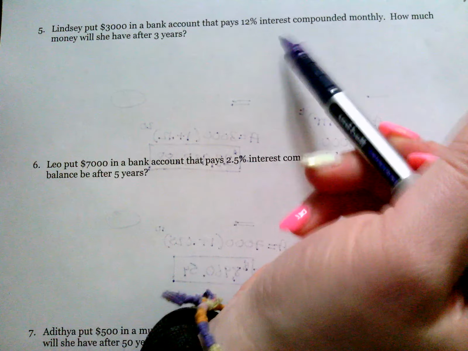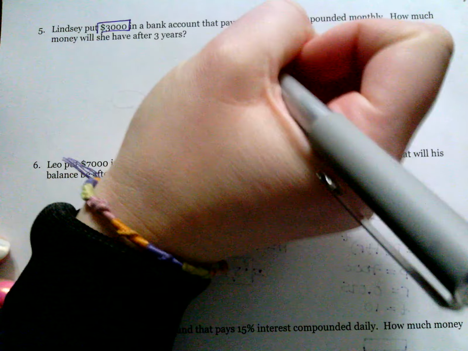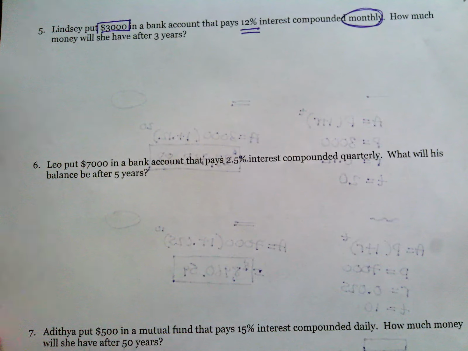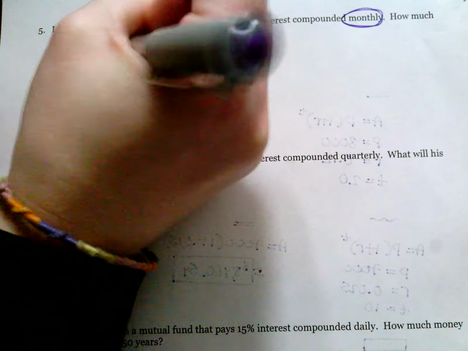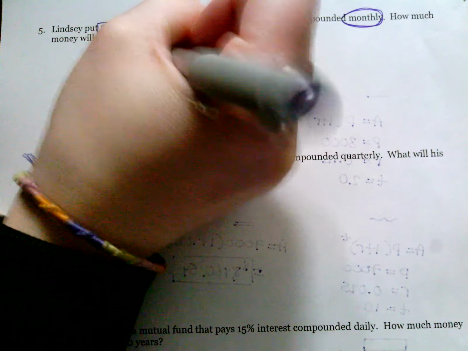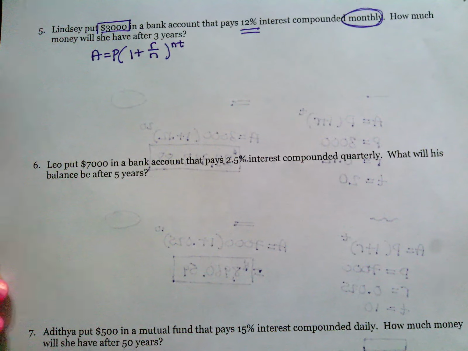So I'm now going to use the formula P times 1 plus R over N to the power of NT, because I'm no longer just doing this annually or once a year. It's compounding monthly. So the initial amount is 3,000. The rate is going to be 0.12. And the number of times it's compounded per year, if it's monthly, is 12.